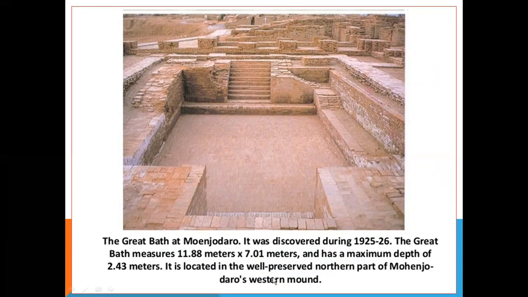Dear students, you can see its look and its structure, which looks very different from nowadays. It looks like a swimming pool, but we are studying that it is a great bath. At that time, such types of structures were present, and they were made by paved, baked bricks.